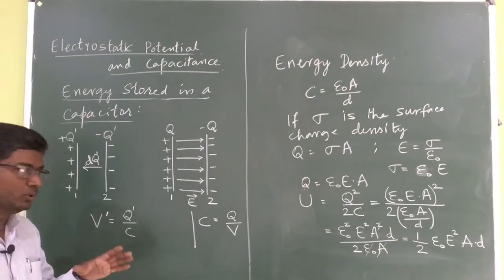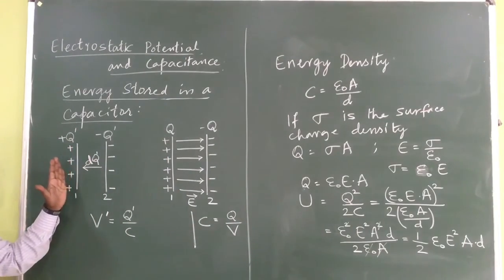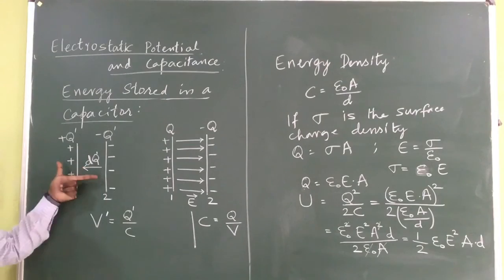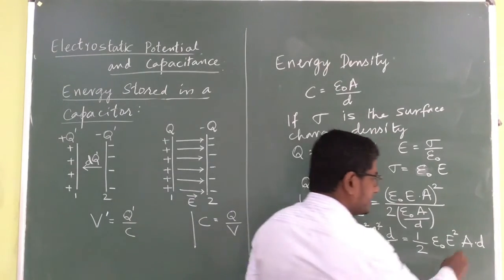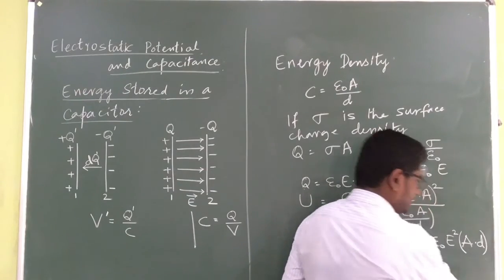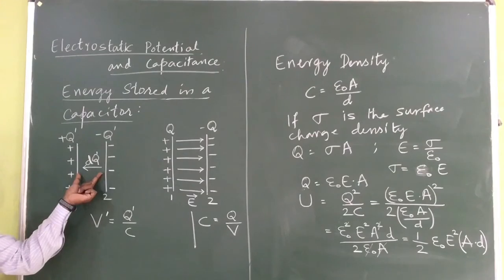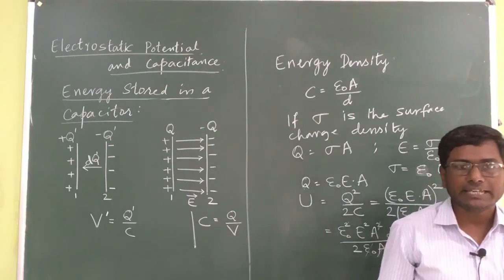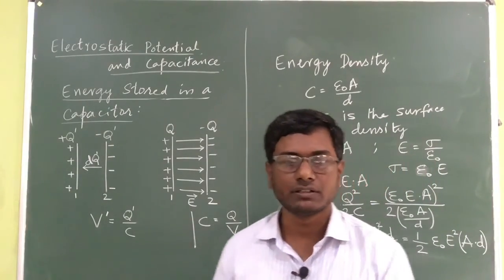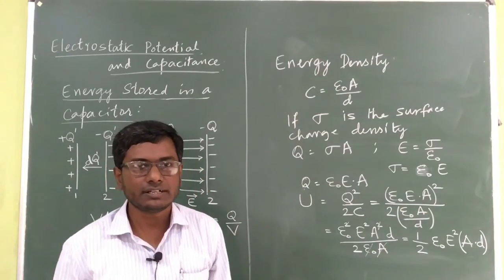Now, A was the area of the plate and D was the separation between the plates, and these two terms together are going to be the volume present between the plates. What is volume? It is the product of area and the separation. Area is a 2-dimensional quantity, separation gives the 3rd dimension.